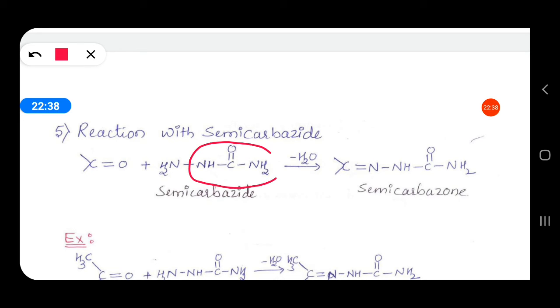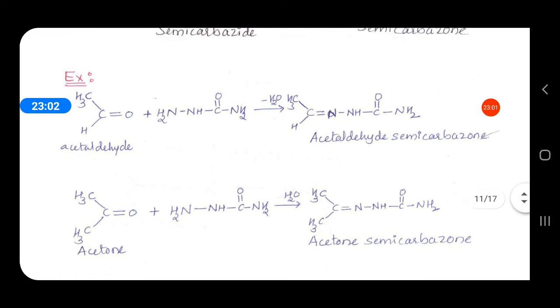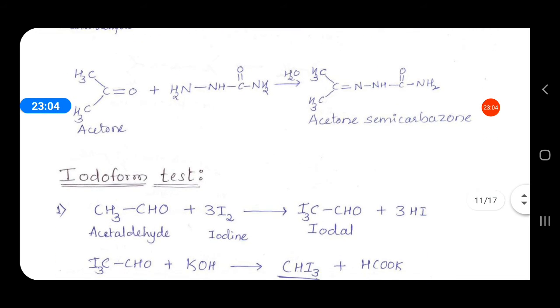So in place of hydrogen, a carbazide group is added. When treated with aldehydes or ketones, again a mole of water is removed, and it gives semicarbazones. Acetaldehyde semicarbazone is obtained, and with acetone, acetone semicarbazone is obtained.